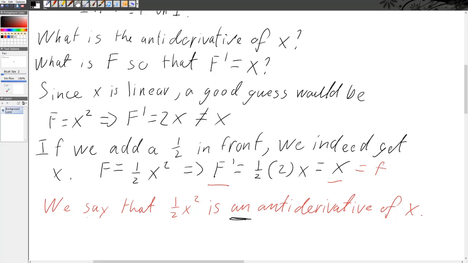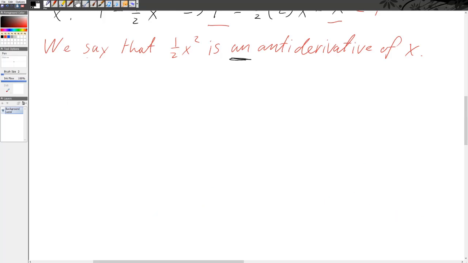Here, I want to note that this is an antiderivative, meaning it's not unique. Let's ask ourselves, what other function can we take the derivative of to still give us x? Well, if F is equal to 1/2 x squared plus 1, what happens when we take the derivative?